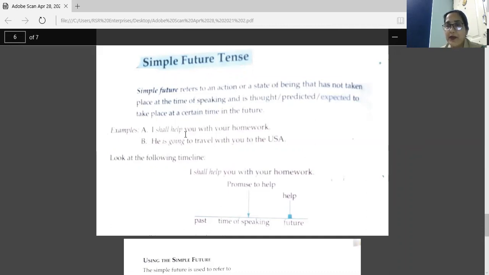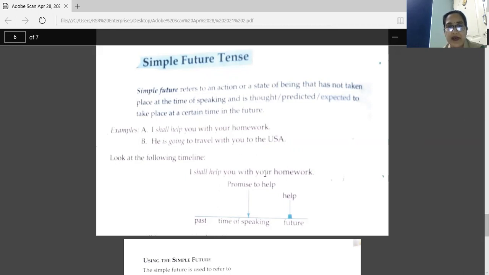That means it will happen at some future time. So we have shall, and with that the first form of verb, that is help, given there. Next one, he is going to travel with you to the USA. Sometimes for this tense we use the going to form also. So here we have is going to show that this will happen at some future time.